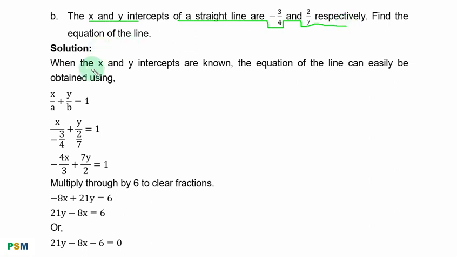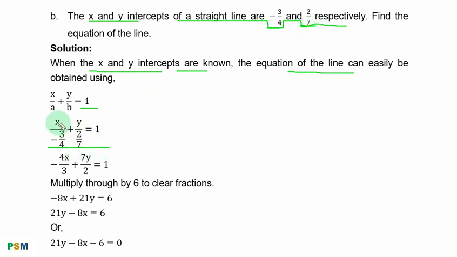Solution: when the x and y intercepts are known, the equation of the line can easily be obtained using x over a plus y over b equal to 1, where a is the intercept on x-axis and b the intercept on y-axis. So a is the first value, b the second value. You have it in this form.